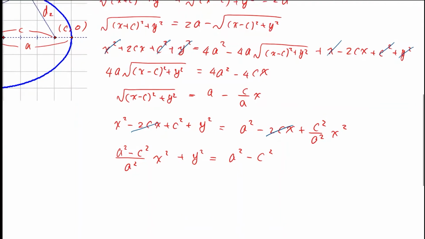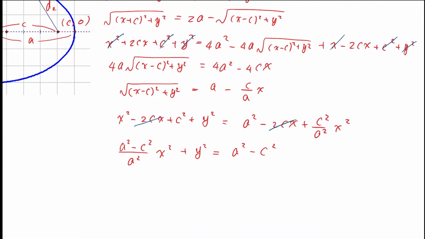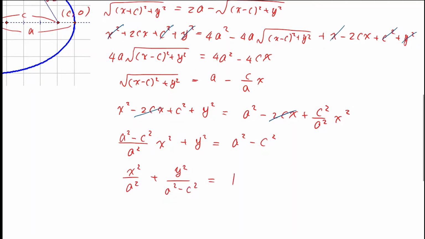A little bit of fraction addition there. And then divide everything by this thingy. So we have x squared over a squared plus y squared over a squared minus c squared is equal to 1. Oh, final step. We let b squared equal a squared minus c squared.